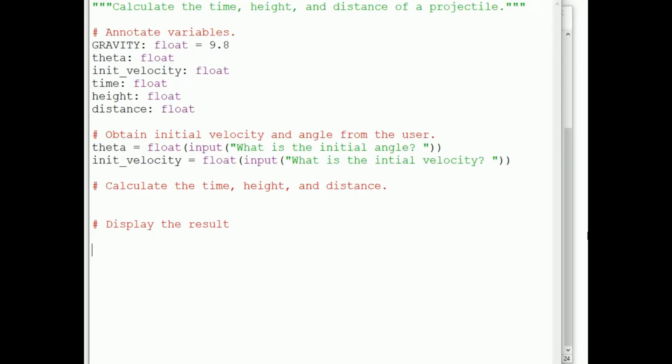To convert these to Python, we'll embed them in a program that gets the initial velocity, v sub 0, from the user, as well as the angle theta. We will assume the initial velocity is in meters per second, and gravity is the gravity on Earth, 9.8 meters per second squared. We have a constant here in our program shell defined up in the variable annotations.